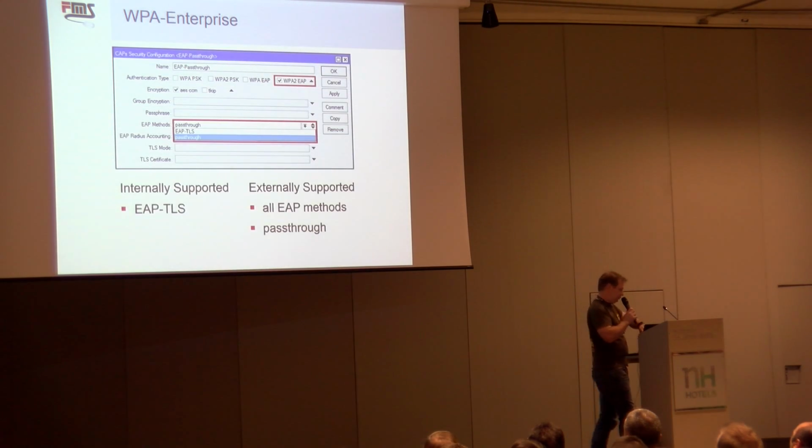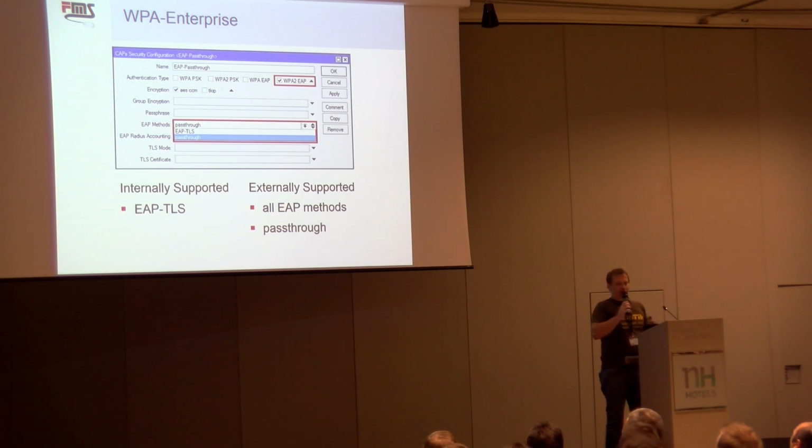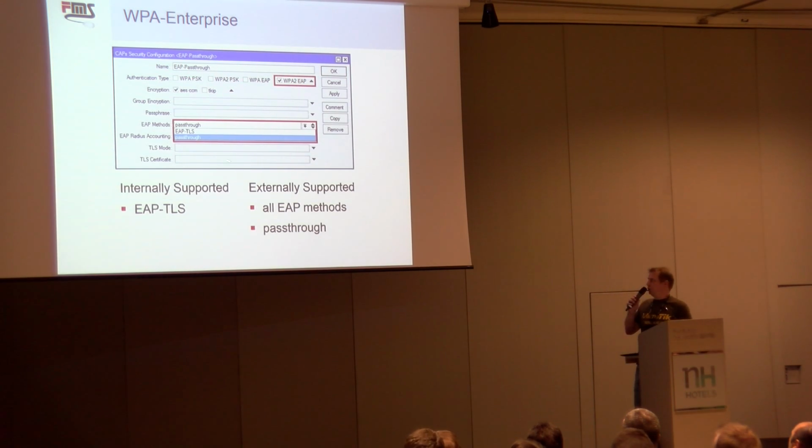So the last topic would be Enterprise WPA and how to set it up. First of all, the security setting here is different because you will check WPA EAP. And when we use EAP we have two options, and we will use pass-through.